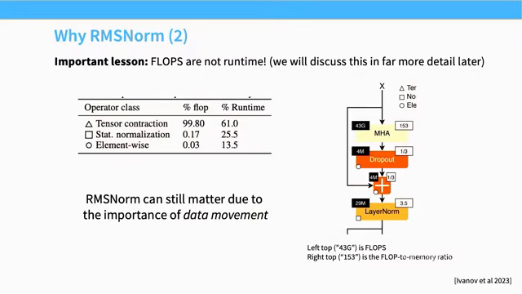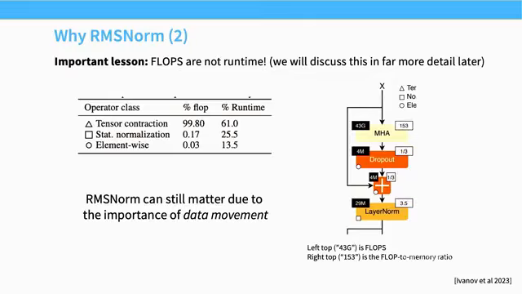But that's not runtime, right? Runtime is a much more complicated object. Statistical normalizations, things like layer norms, even though they're only 0.17% of the flops, depending on your workload and depending on the setup, can be up to 25% of the runtime, right? That's kind of crazy. On tiny models, this can be really, really big, because you're still having to move all these parameters back and forth from fast to slow memory and vice versa when you're doing these operations.